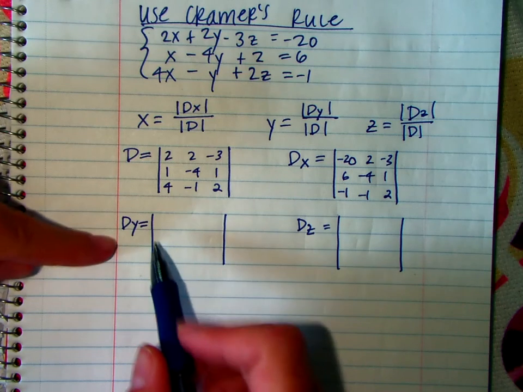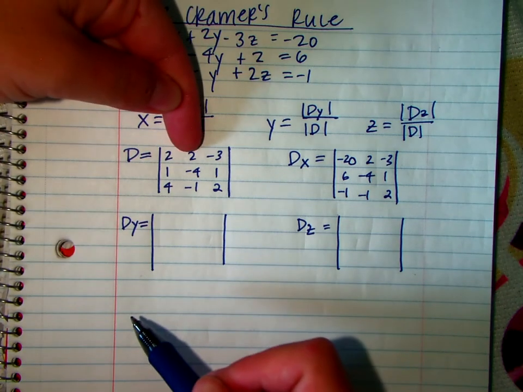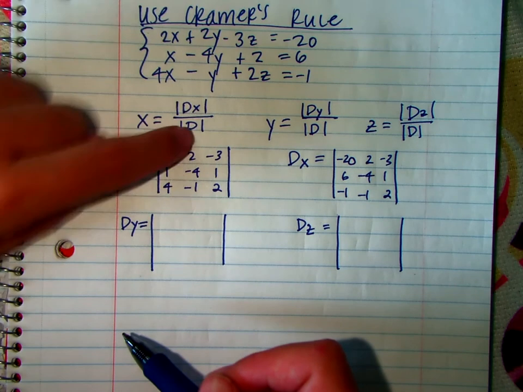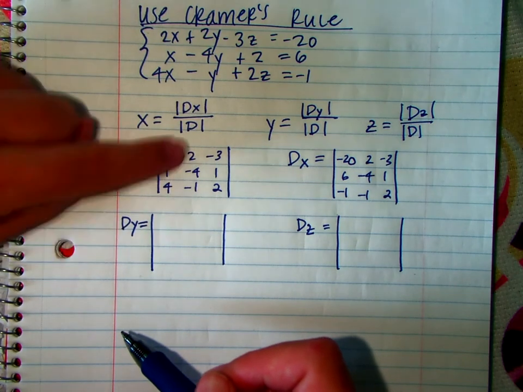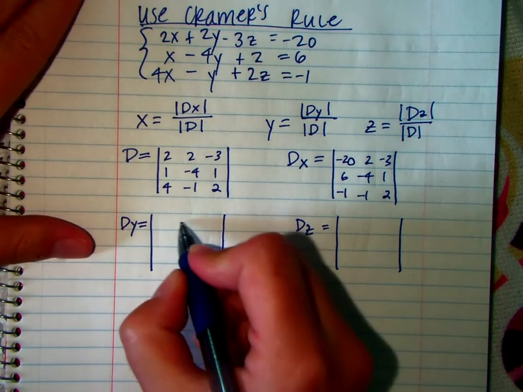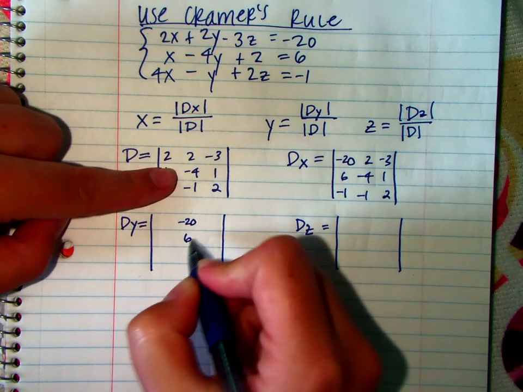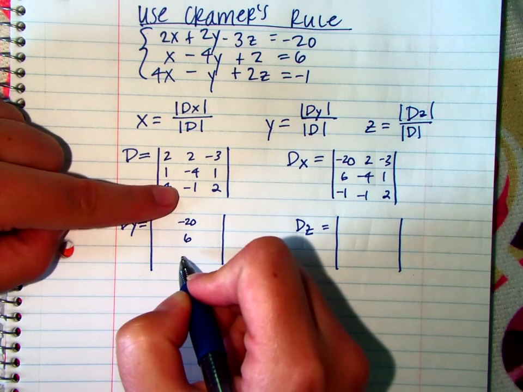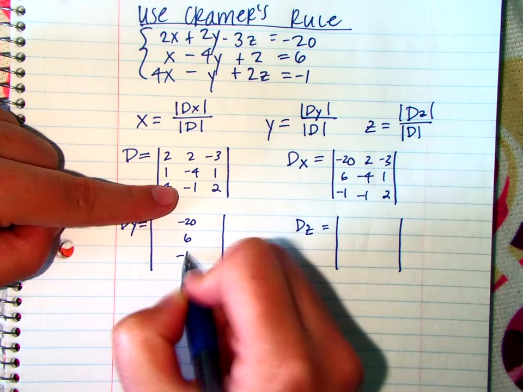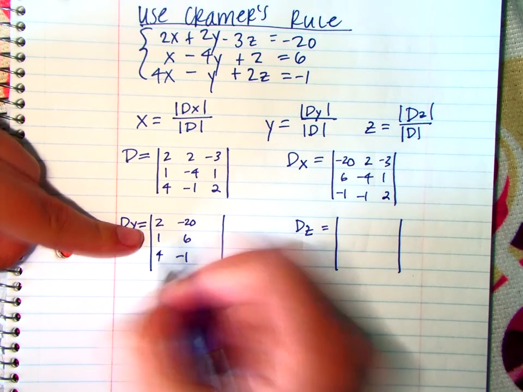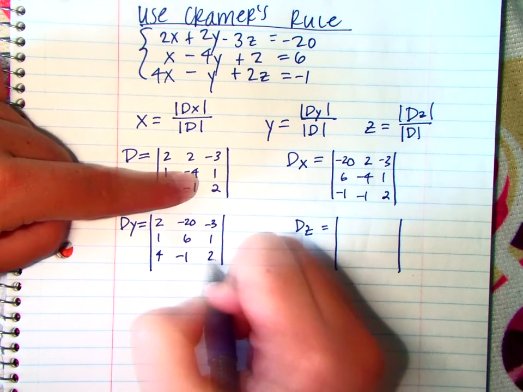So now, where my y coefficients in this coefficient matrix were 2, -4, -1, I'm replacing the y column with the constants. So now the y column, 2 becomes -20, -4 becomes 6, and -1 stays -1, but only because they're the same. So now the x stays the same, and the z column stays the same.